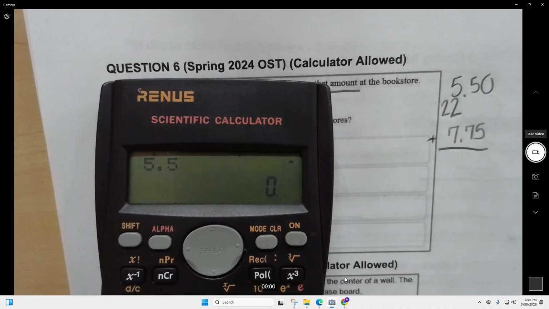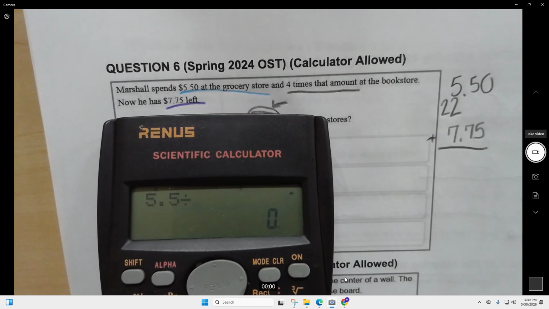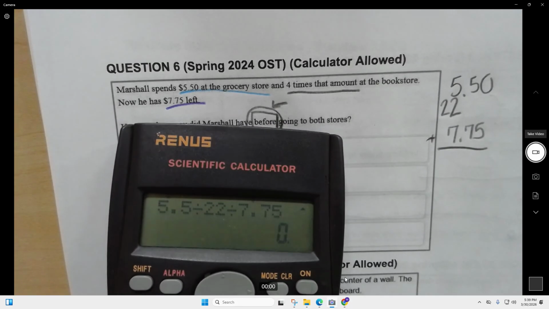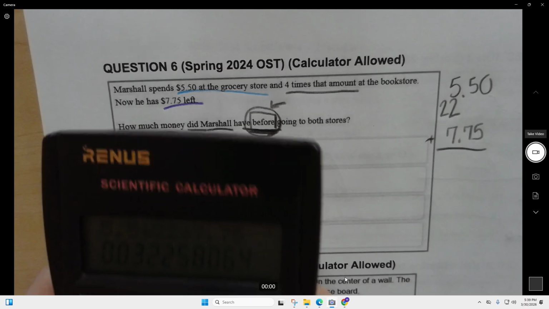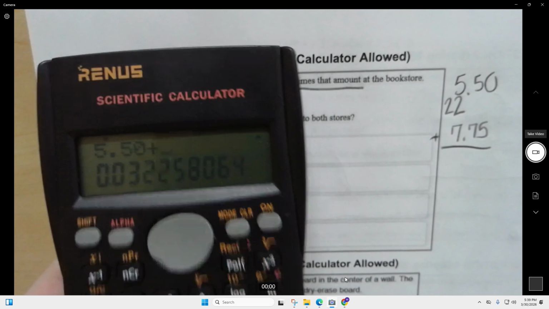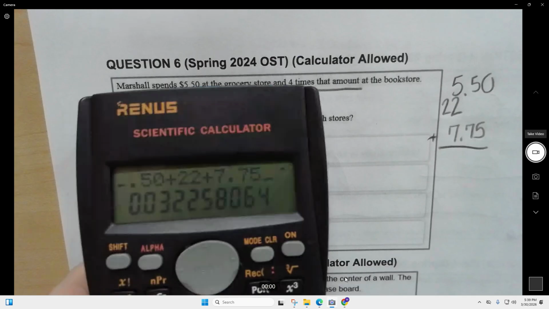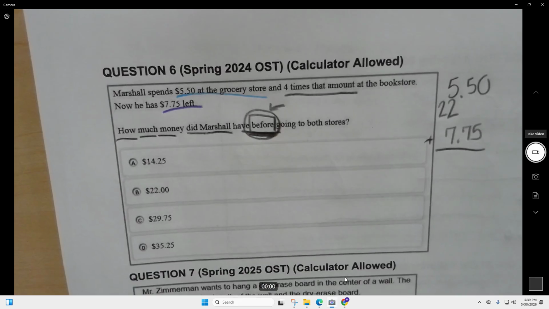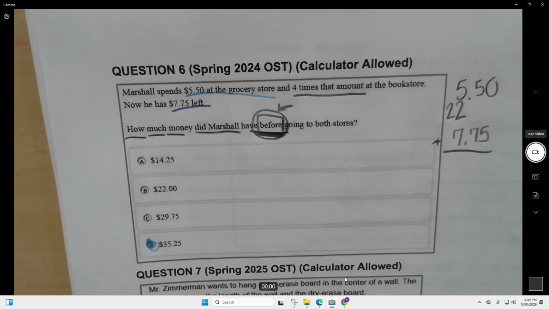But we'll do 5.5 plus 22 plus 7.75 equals, woo, I was hitting divided by. Let's try this again. 5.50 plus 22 plus 7.75 equals $35.25. Is that one of our choices? Wow, hey, would you look at that? It is. You're done.